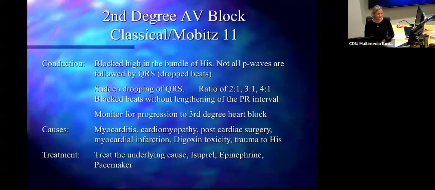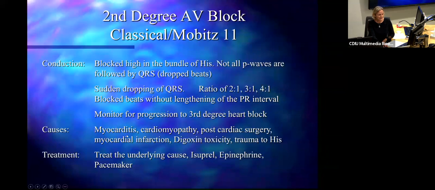Not all P waves are followed by a QRS, so there are dropped beats. Sudden dropping of the QRS, and there can be dropping after 2 P waves, or dropping after 2 conducted beats, or having 3 and then dropping, or 4 normal ones and then dropping. But we're not seeing the lengthening of the PR interval like we were before. And we're going to monitor for progression to third degree heart block.